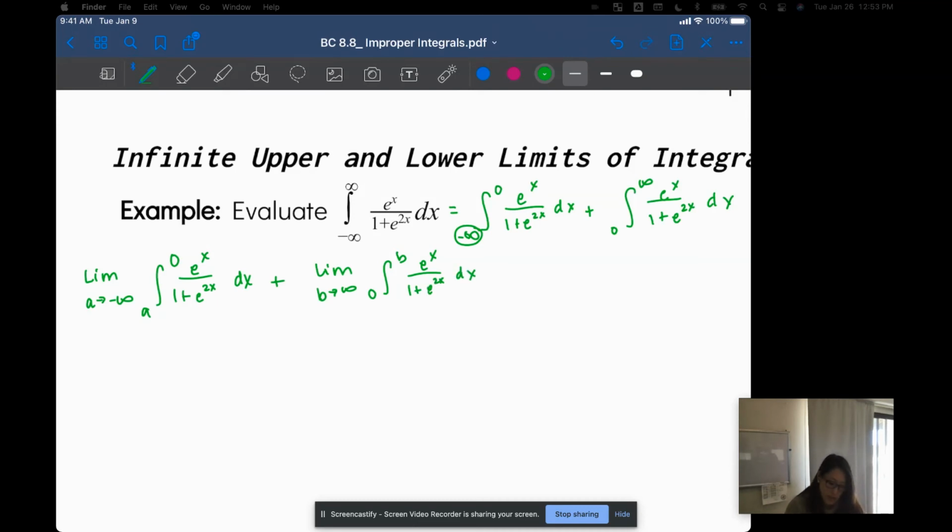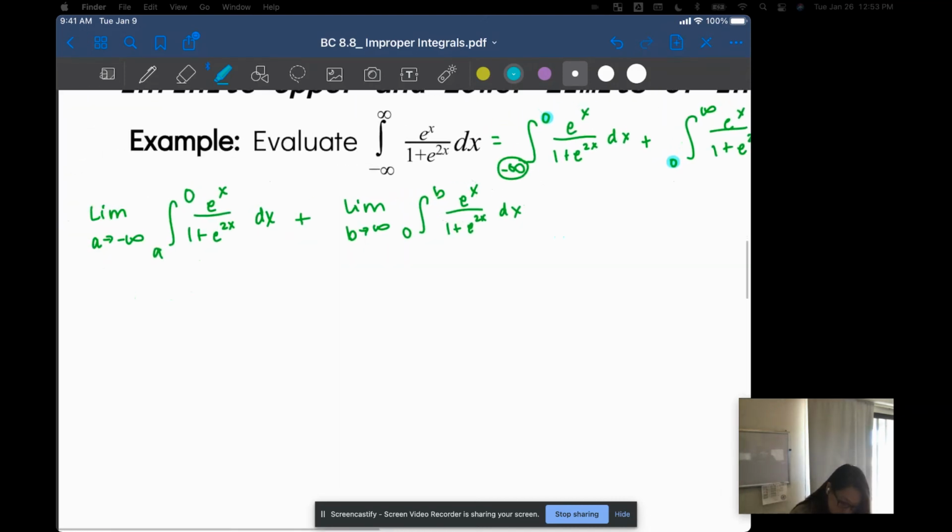We can honestly split this integral at any value here, but 0 seemed like a good place. It seemed like an easy number to substitute in, so that's why I use 0. But you can choose whatever you want, wherever you want to make the break.